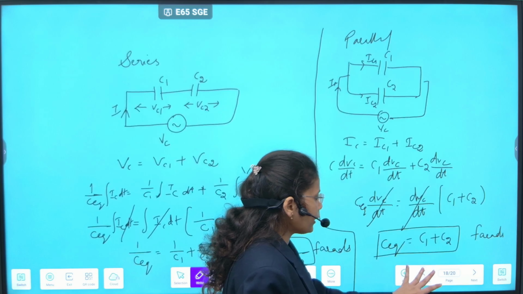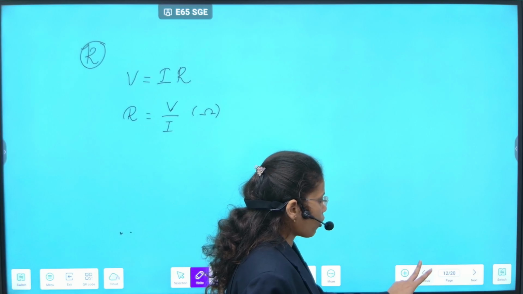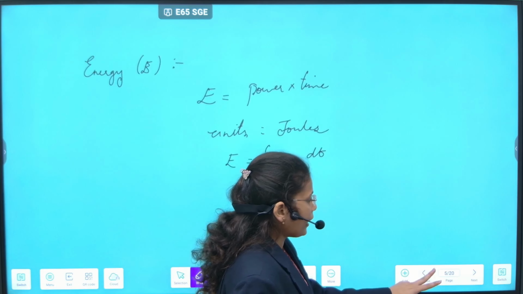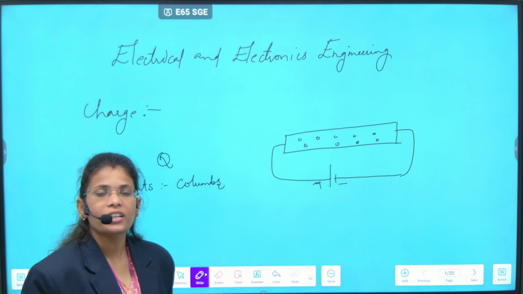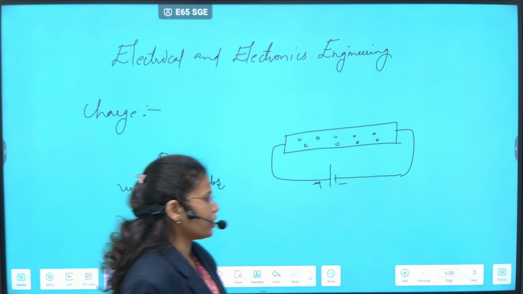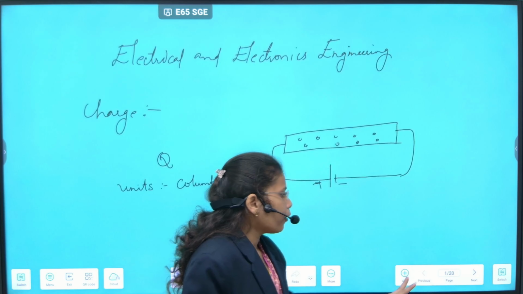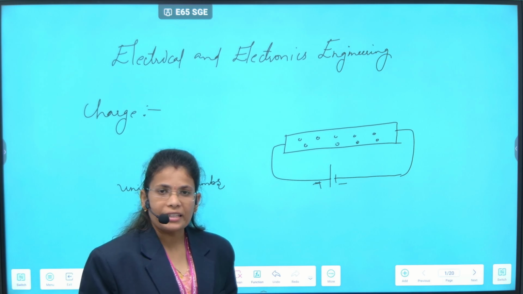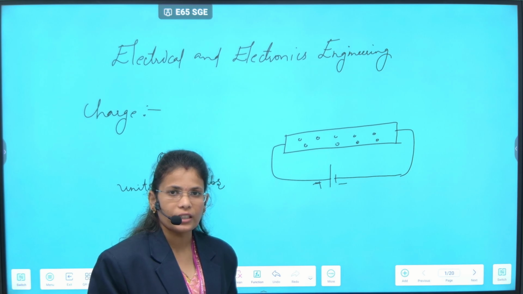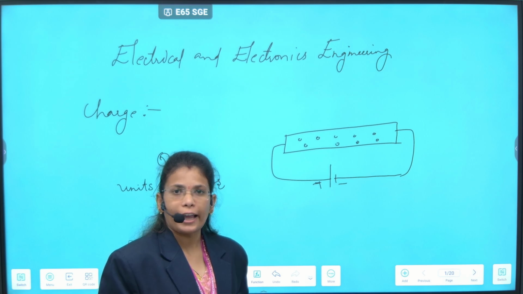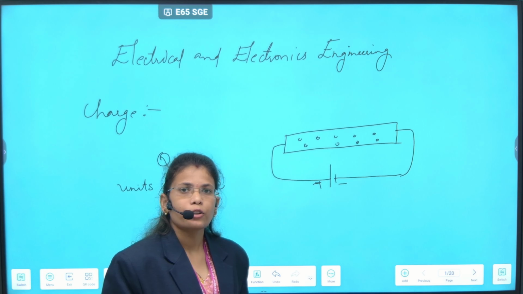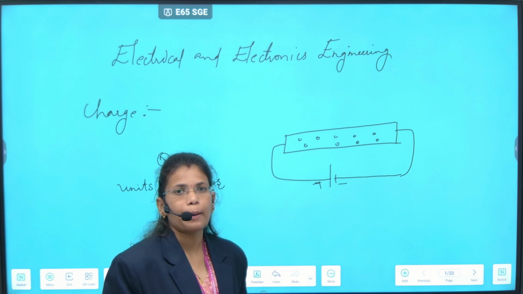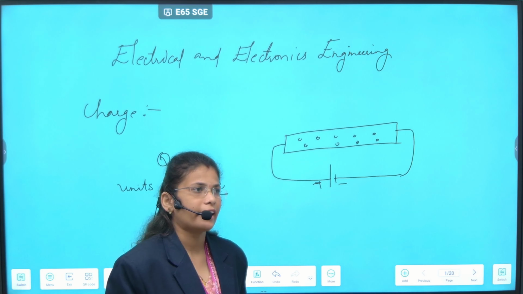Today we have learnt about basic concepts of electrical and electronics engineering, like what is charge, voltage, current, power, energy, and Ohm's law. Next, basic elements of an electrical network: resistor, inductor, capacitor, and active elements, passive elements, linear, non-linear, unilateral, bilateral, and lumped and distributed elements and their examples.